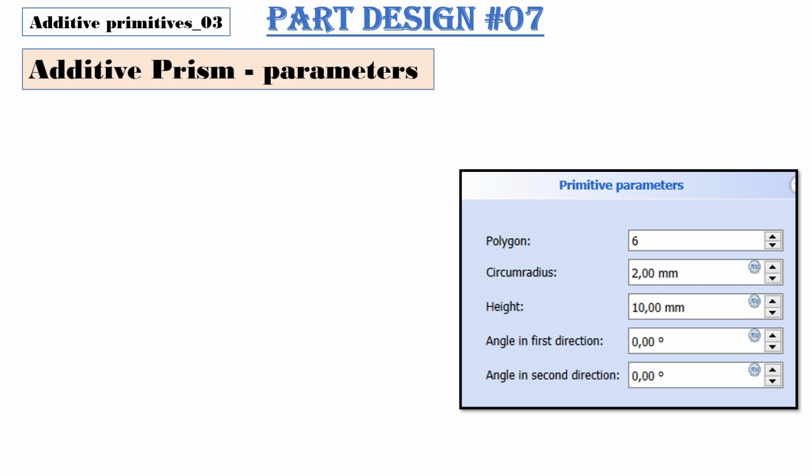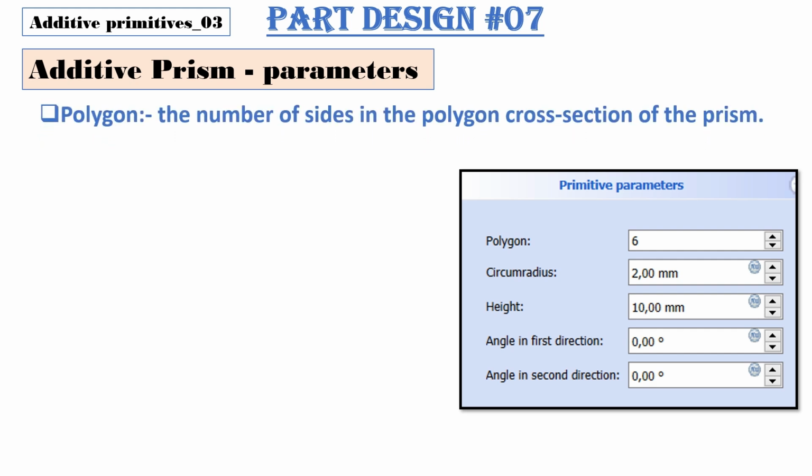Here, you find the parameters of the additive prism. These parameters are polygon, circumradius, height, first angle, and second angle.